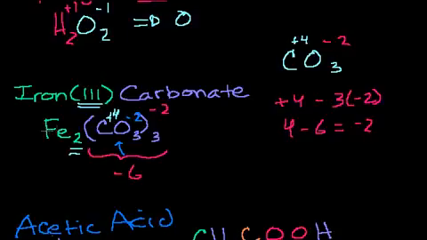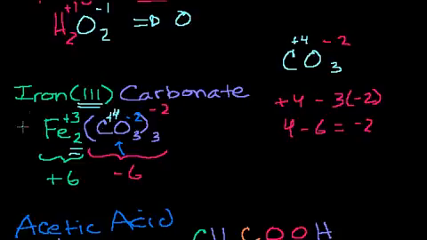If this is -6 and this is a neutral molecule, then our two irons are also going to have a +6 oxidation state, because it all has to add up to 0. If both irons combined have a +6 contribution to oxidation state, then each of the irons must have a +3 oxidation. Or, in our hypothetical world, at least 3 electrons are going to favor the carbonate from each of the irons.